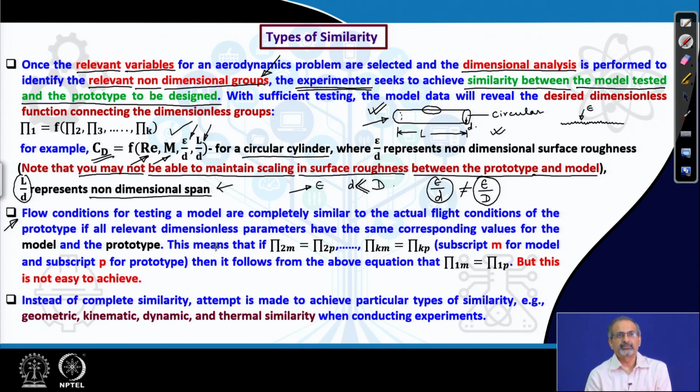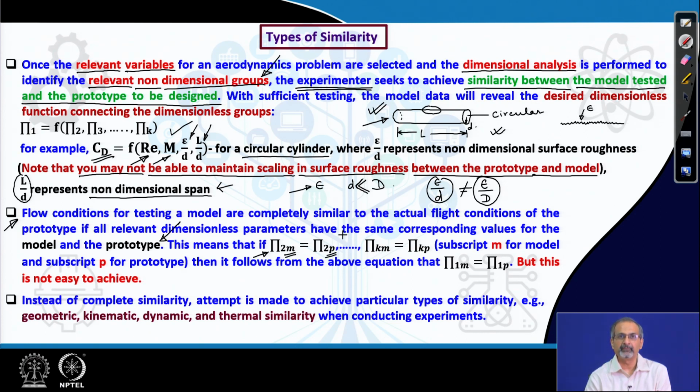Let us look at the next point, that flow conditions for testing a model are completely similar to the actual flight conditions of the prototype if all relevant dimensionless parameters have the same corresponding values for the model and prototype. This is the ideal case where we are exactly matching between model and prototype, which means, for example, pi 2, which is one of the pi products for the model with the subscript m, is exactly equal to pi 2 for the prototype.